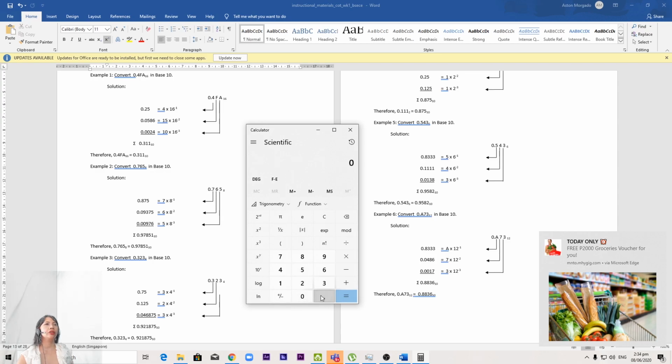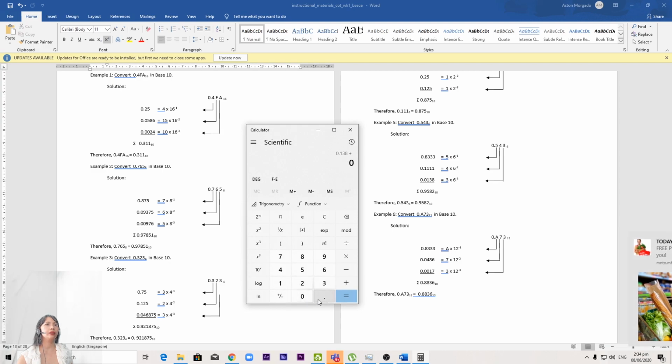Let's add. Okay, this is wrong. I should have entered 0.0138.